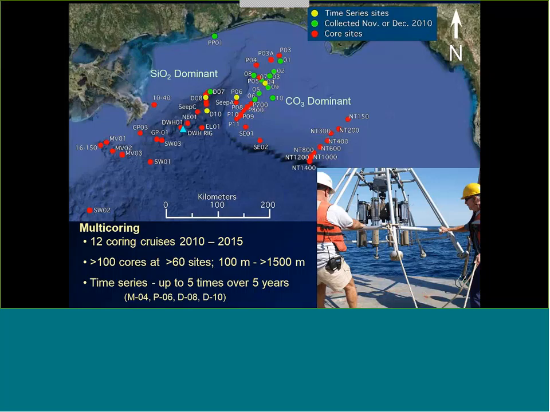In the lower right inset is the multi-core that you just saw. I won't go into any detail because you just saw how it operates, but basically the beauty of this thing is that it is designed so that it will collect the surface sediments with little or no disruption.